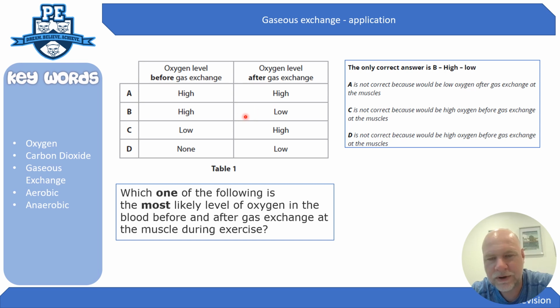We've got a low amount of oxygen, which is the correct answer. So it's about breaking down these questions and knowing what we're looking for in terms of the concentrations of oxygen. Before gas exchange has taken place, we have high levels of oxygen, wherever it is. It might be the alveoli or in the blood, and then once it's used up, it becomes lower.